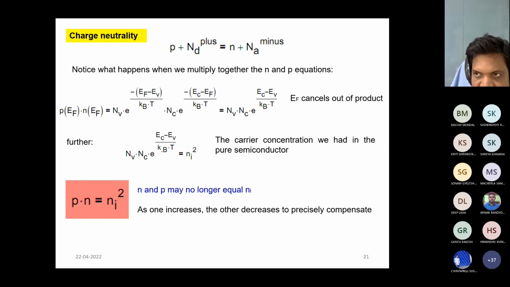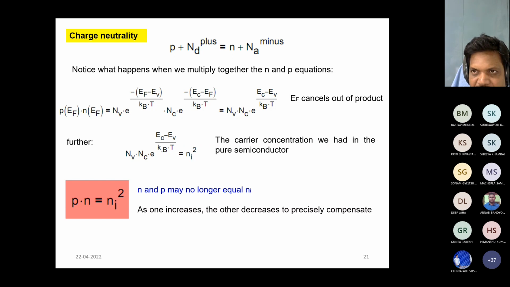Now, if you consider a semiconductor where both donors and acceptors are present, then as per the charge neutrality formula, because all the atoms as a whole are neutral, though it consists of both positive and negative charge carriers or ions, it must follow the charge neutrality formula.